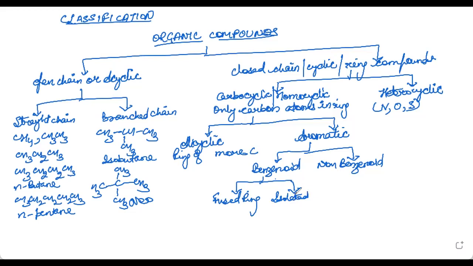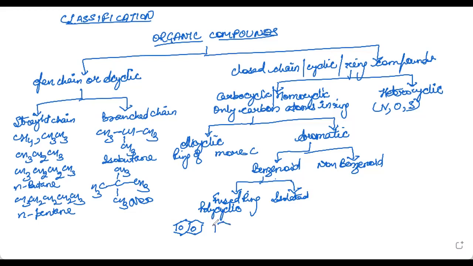So if the rings are fused together, it is known as polycyclic. Now the examples here are naphthalene, which has two benzene rings fused together.